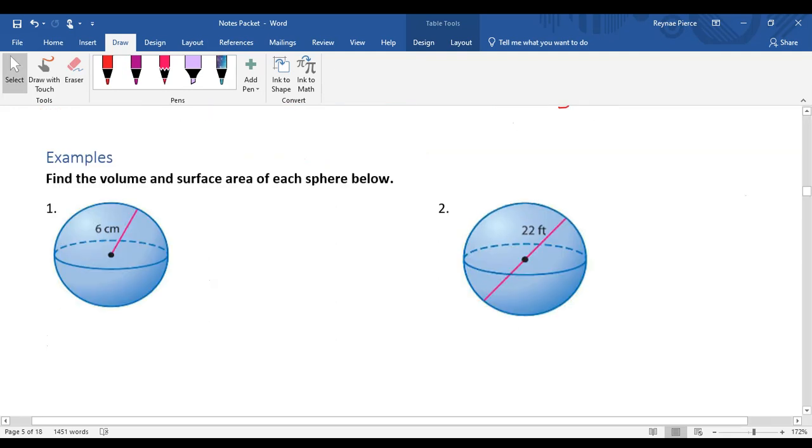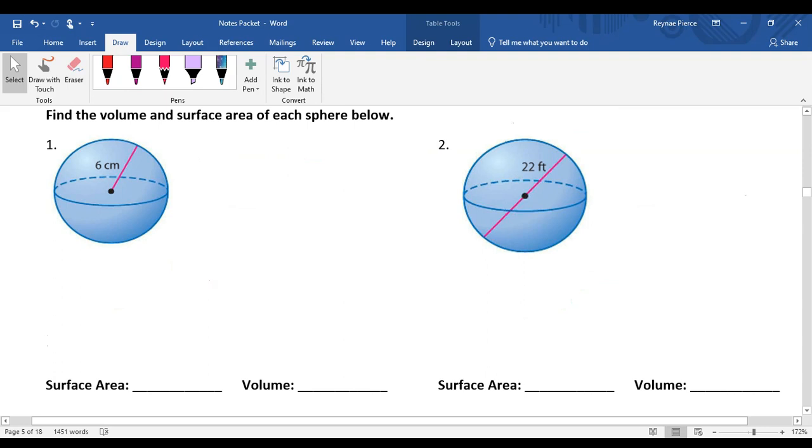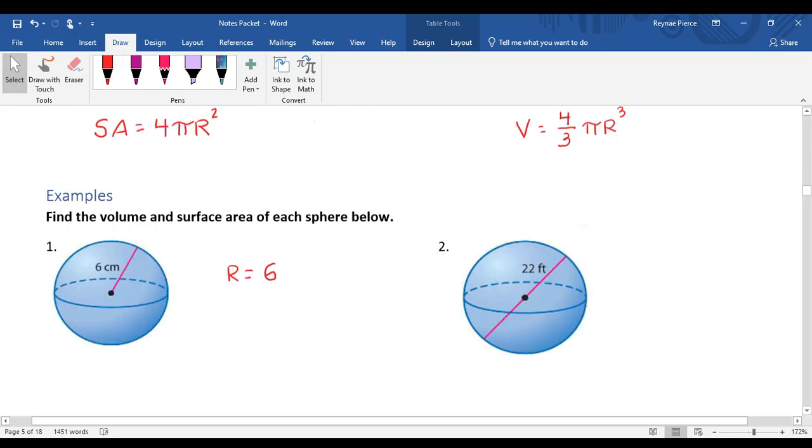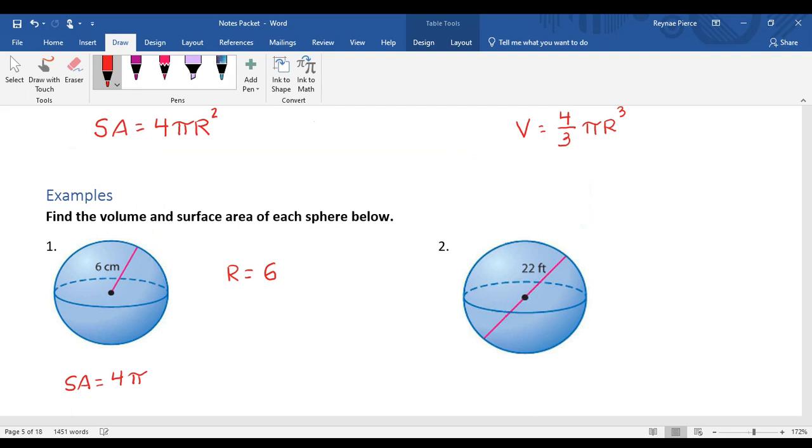In this first example, we are given the radius. We're just going to take that radius and put it into both of our equations. Surface area: 4 pi times 6 squared. 6 squared is 36, and 4 times 36 gets us to 144.